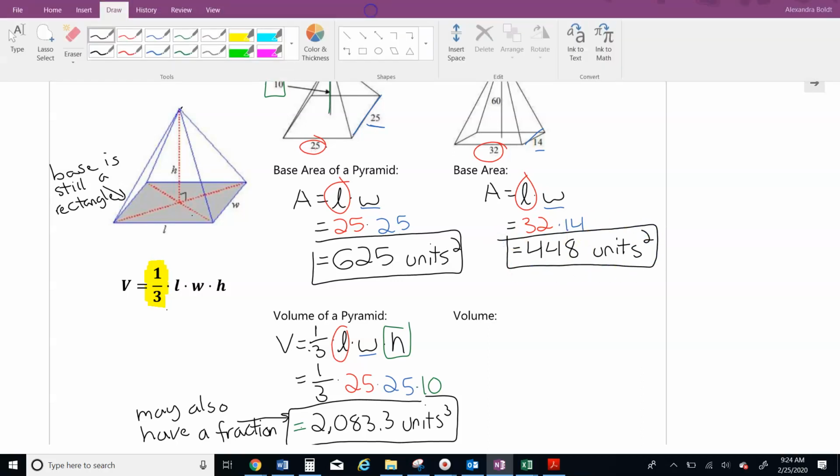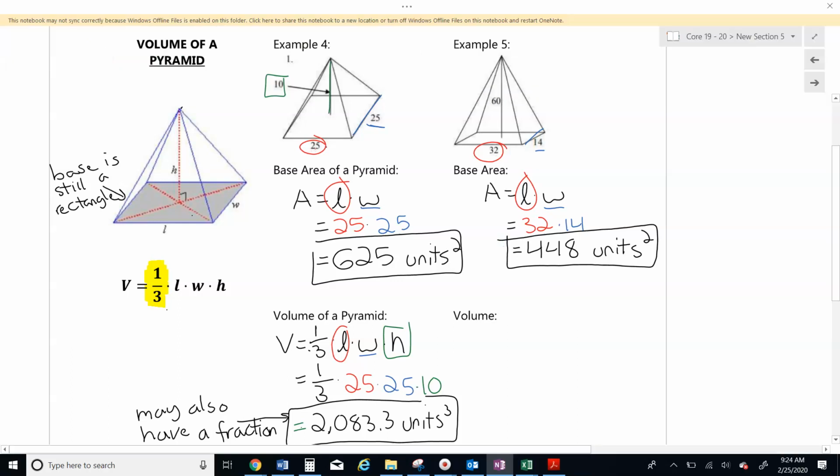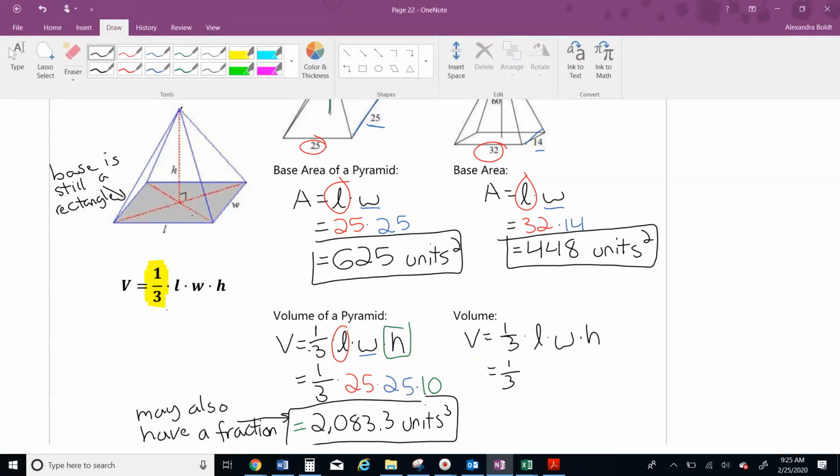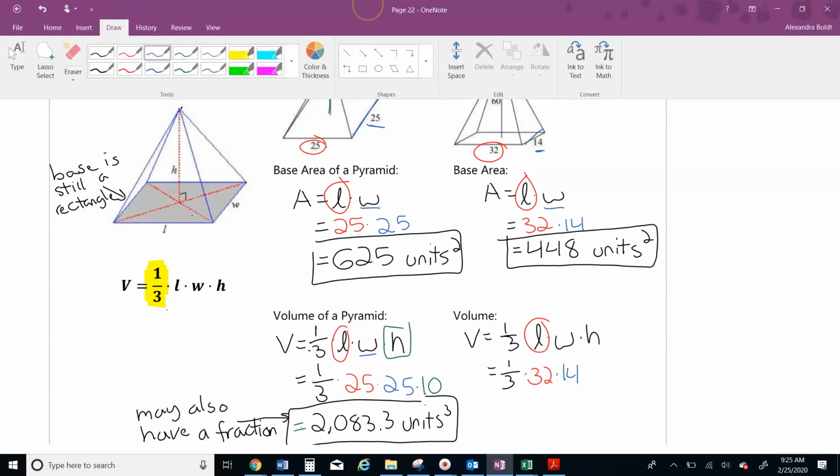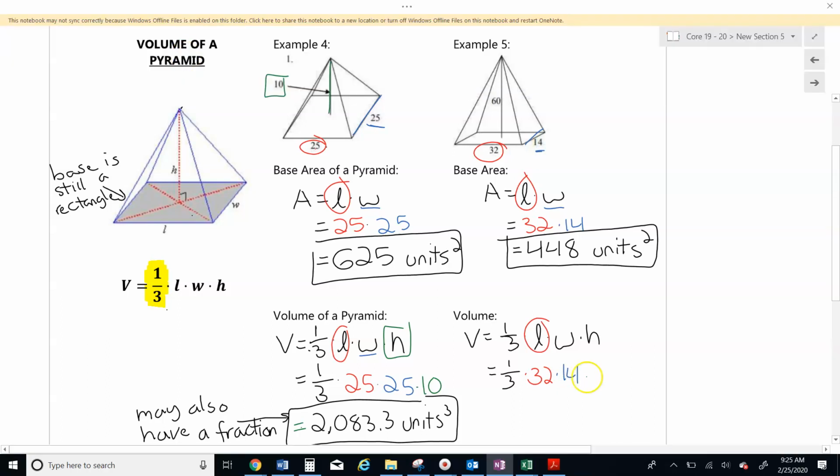Okay. Then for our volume formula, right? Volume equals 1/3 times length times width times height. Our length is still 32. Our width is still 14. And our height is 60. Right?